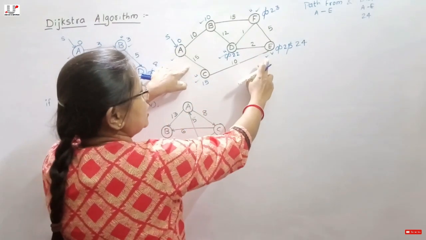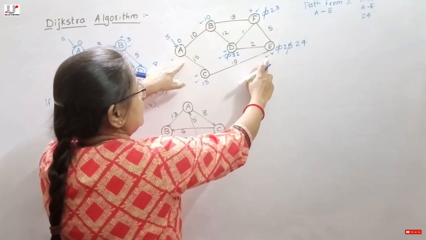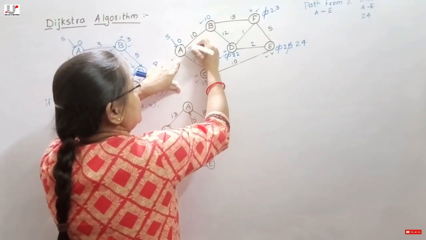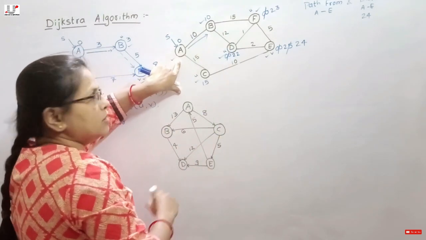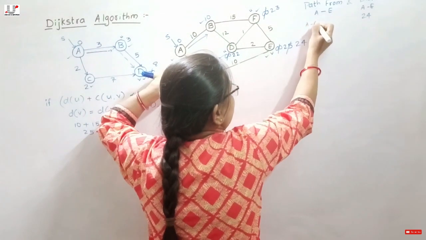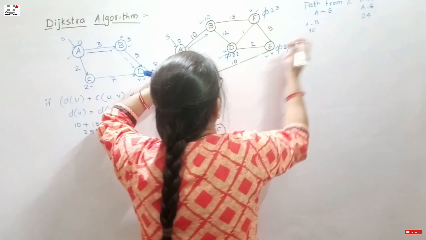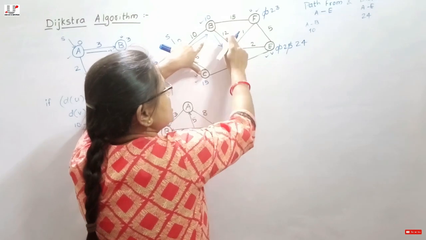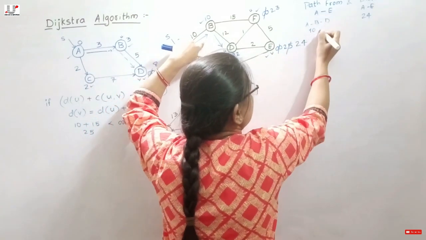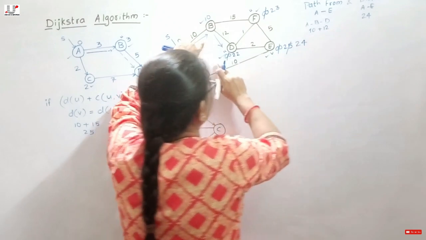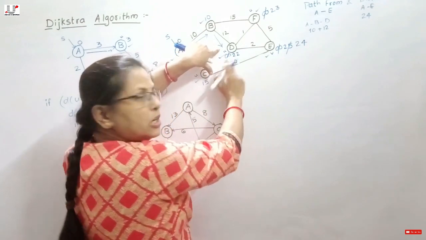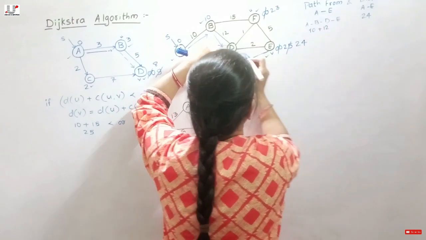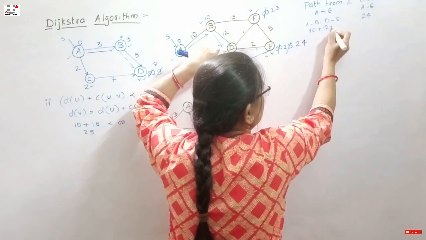So the path from A to E is, we traverse from A to B with distance 10. Then from B to D with distance 12. And then from D to E with distance 2.